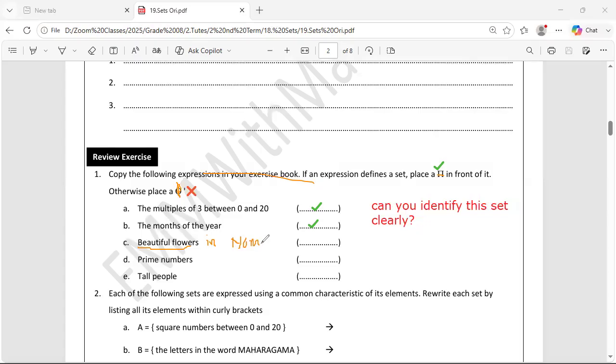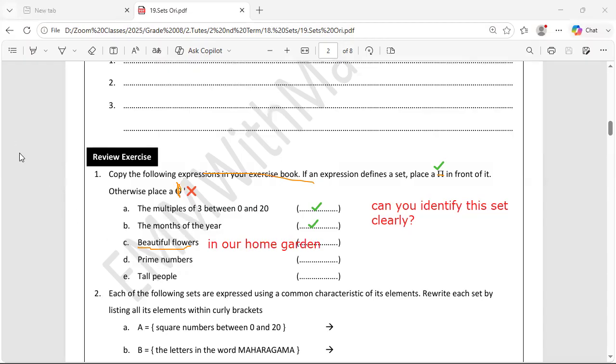now this is a set. If they are saying in our home garden, there is a limitation, a boundary.